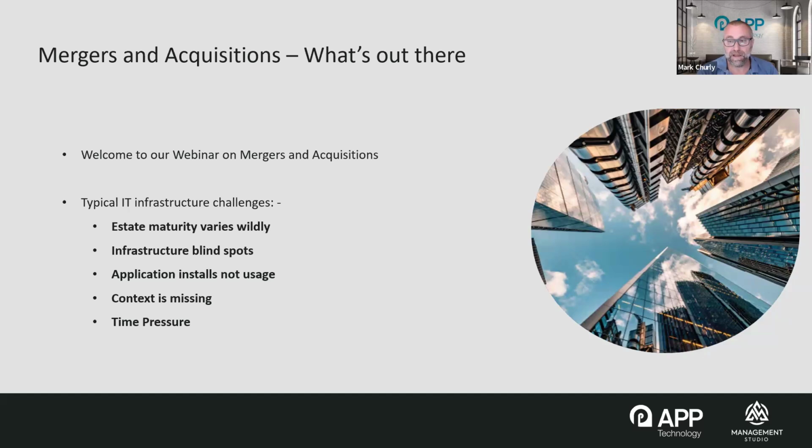Pulling data together when you're trying to run these activities manually can often leave visibility gaps and create blind spots, and you can't assess risks, costs, or integration efforts for the things you can't see. I've found in the past that there are often bloated application lists that get provided, but they don't always tell you the context underneath: what's actually being used, who's using it, and how critical it is.